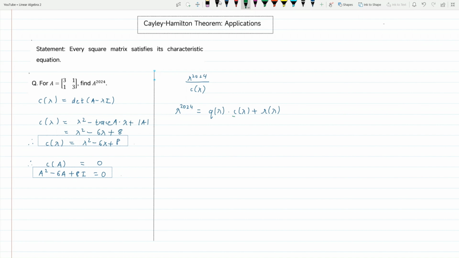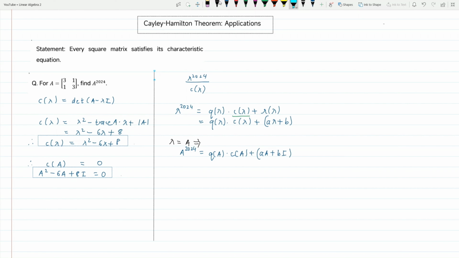Since the characteristic polynomial is of degree 2, the remainder polynomial will be linear, so we will have q(λ) times C(λ) plus aλ plus b, where a and b are real numbers we wish to find. Next we are going to replace λ by A, which gives us A^2024 = q(A) times C(A) plus aA plus bI.